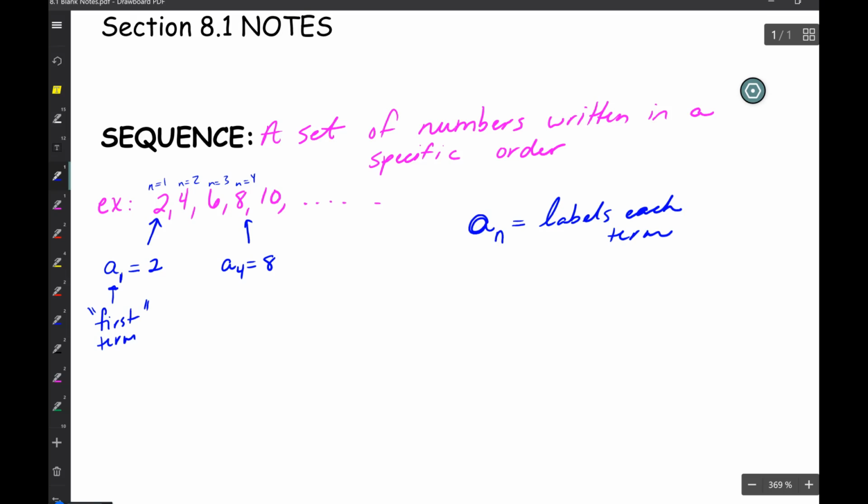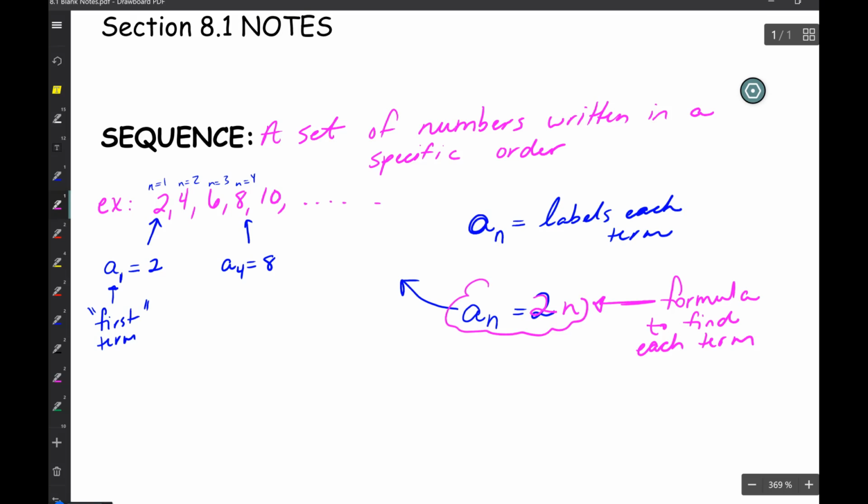So what Olivia just found is the formula. We would say that any term for this particular pattern is equal to 2 times the value of n. When you see terminology like this, this represents the formula to find each term. That's going to be a fun goal for this chapter.